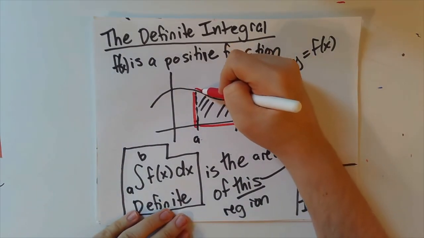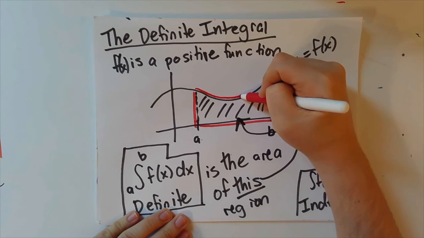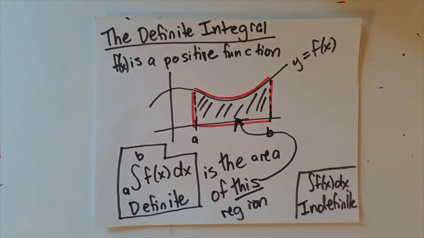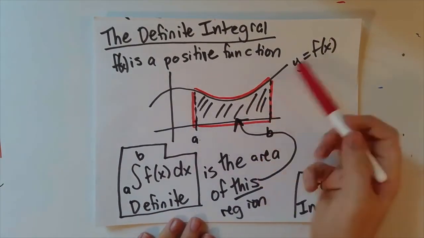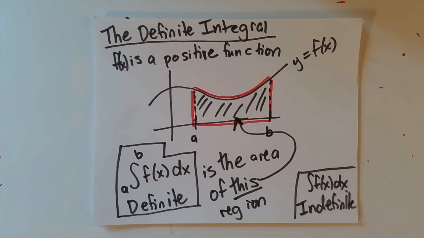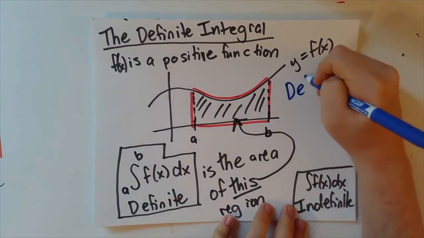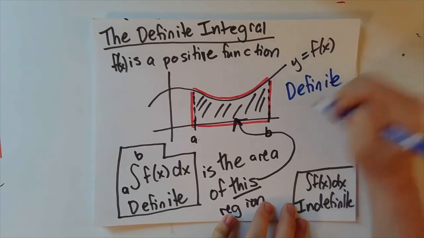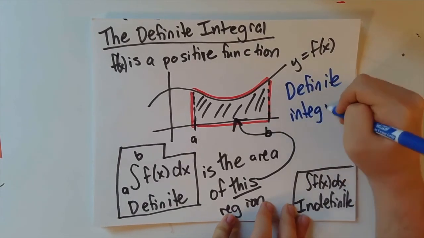So whatever the function is, that's what's giving me the upper boundary. And so this thing is almost a rectangle, except the top of the rectangle might be curvy. Okay, and so whatever the area of this thing is, that's a number. And then that will give me the value of this definite integral. And so I want to emphasize here, definite integrals are numbers.